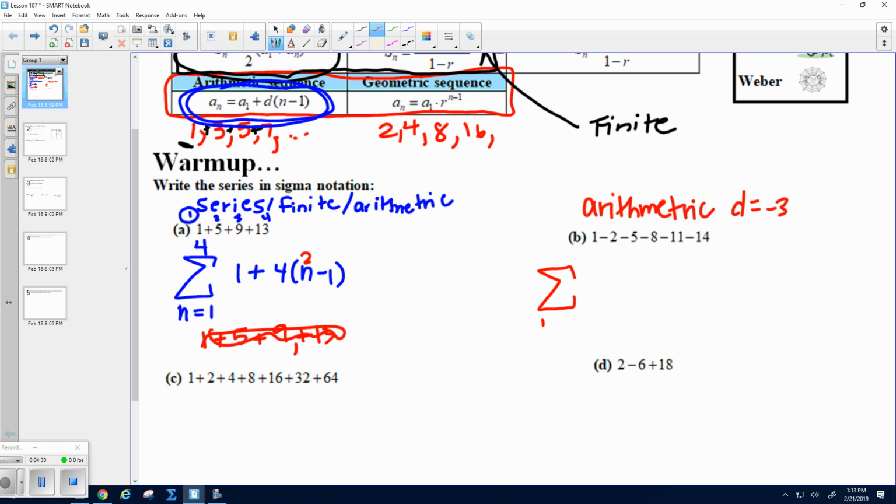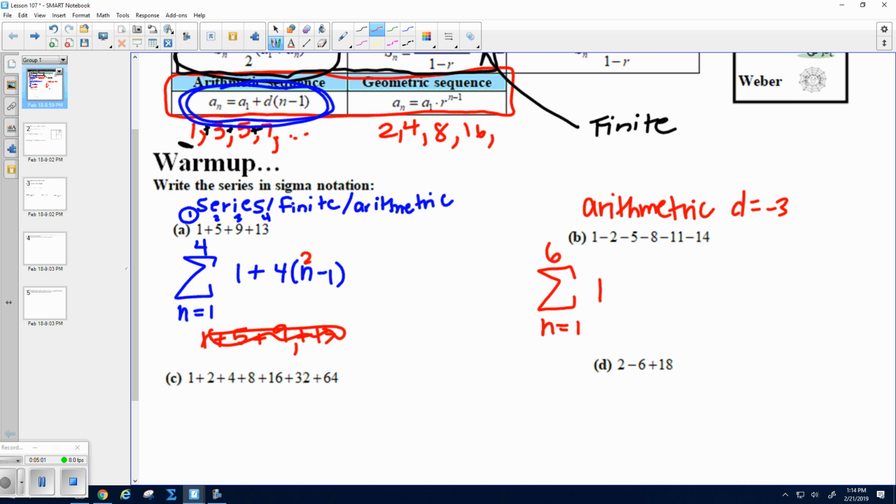And we're starting with the first number all the way up to how many numbers do I have here? 4, 5, 6. Good. So I'm going up to the 6th term. So from 1 to the 6th term. And we're going to use this formula again for arithmetic series or sequence. And what's a sub 1? It is 1.